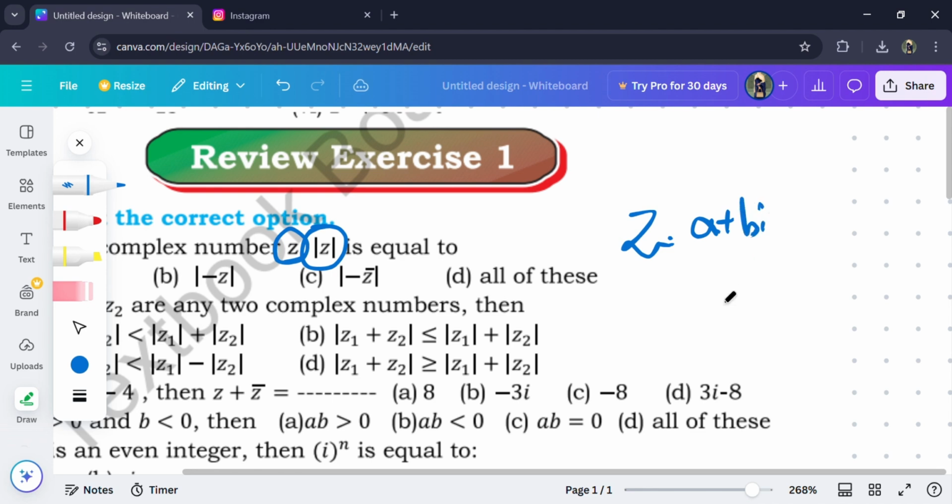You are given two values: the first one is the normal real number, and the second one is the imaginary number. Combined, this is known as a complex number.